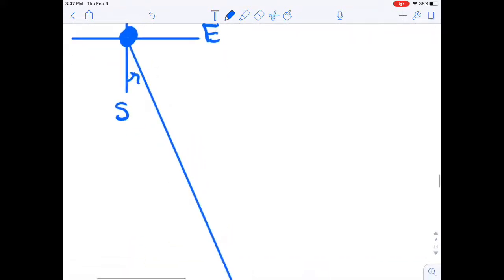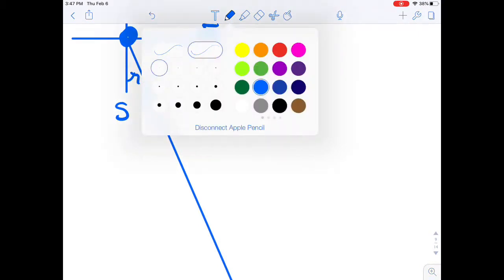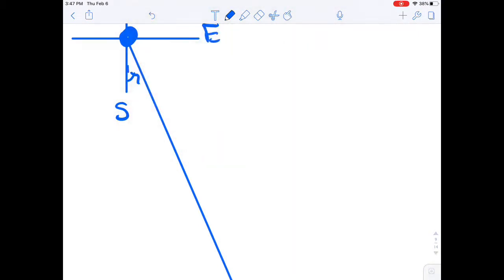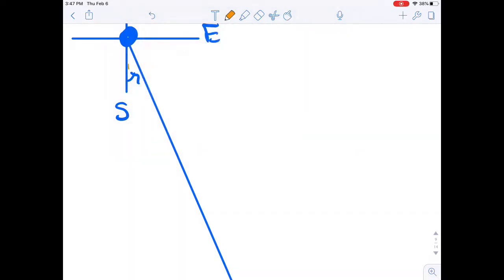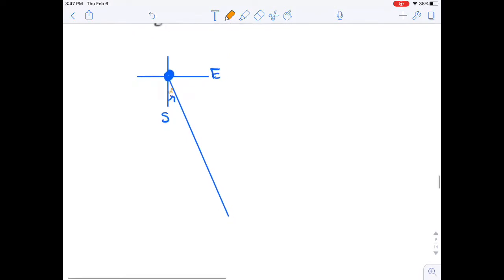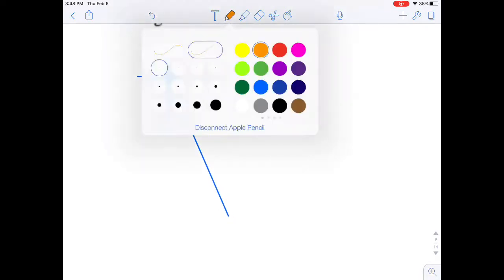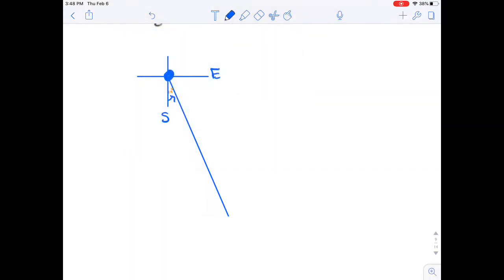So this angle right here, that is your 1.4 degrees. So I'm starting at Myrtle Beach, and we're riding this boat along this pathway, and we're ending up at Freeport.